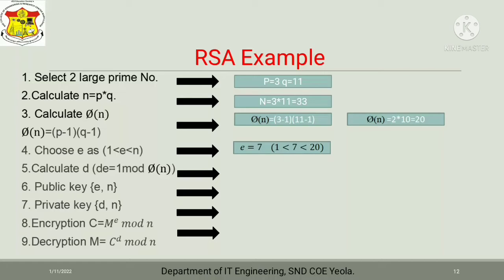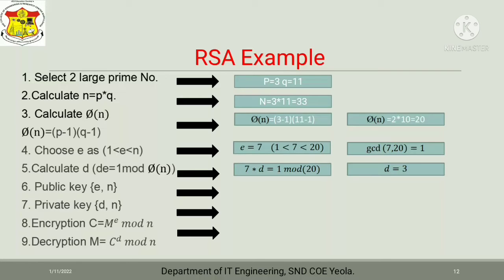Fourth step is to choose the value of e in such a way that it lies in the range of 1 and n. So the value of e is equal to 7, and GCD of 7 and 20 is equal to 1. Fifth step is to calculate the value of d. The formula here is d into e is equal to 1 mod phi of n.